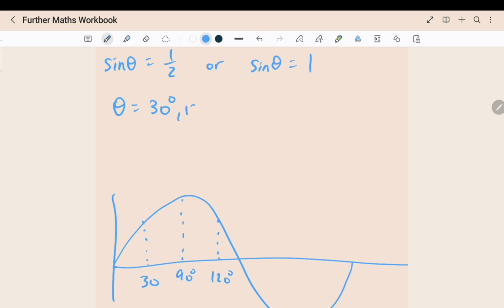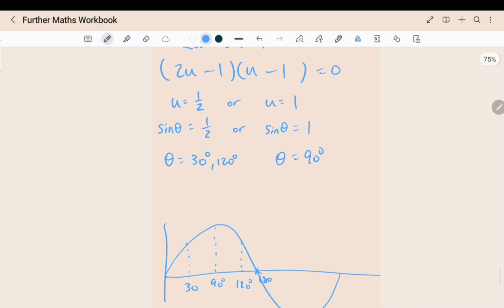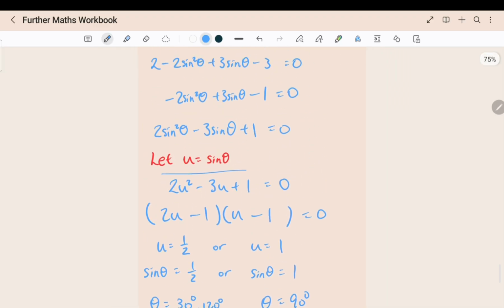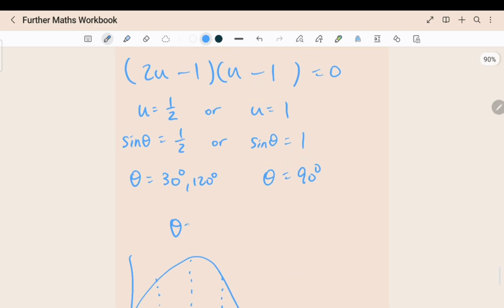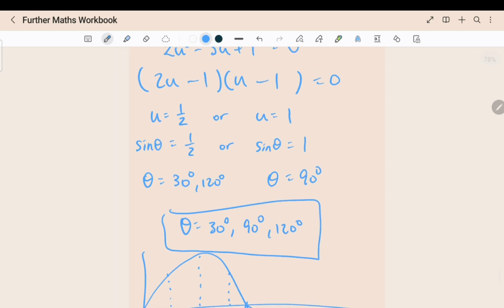And then we also have sine theta equals 1, which is at 90 degrees because of our exact values. And because that's 180, the next time that sine theta is 1 is going to be beyond our range. So our final answer is theta equals 30 degrees, 90 degrees, 120 degrees. And that is the solution.